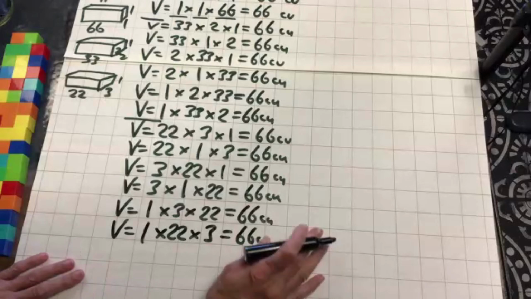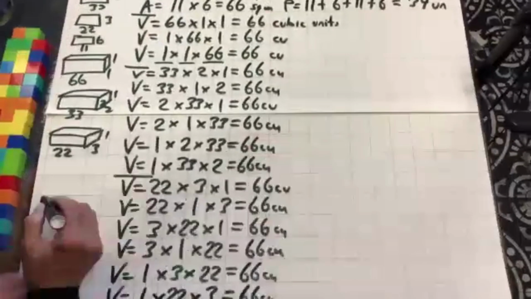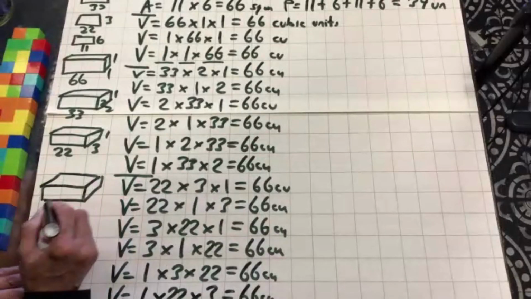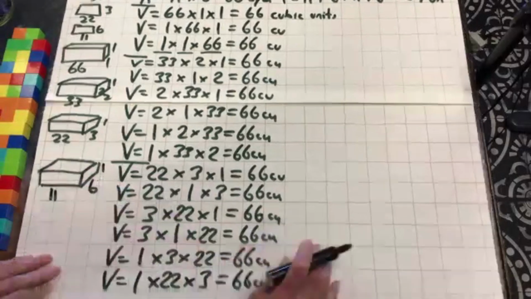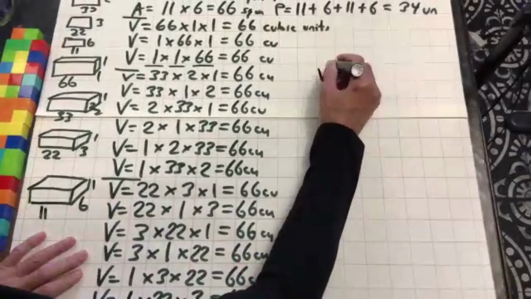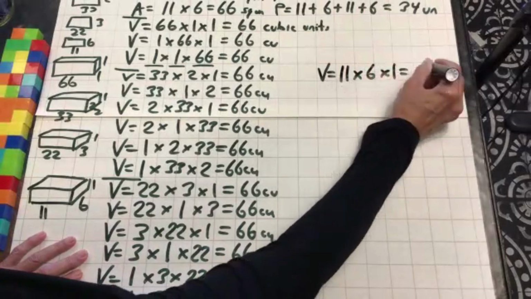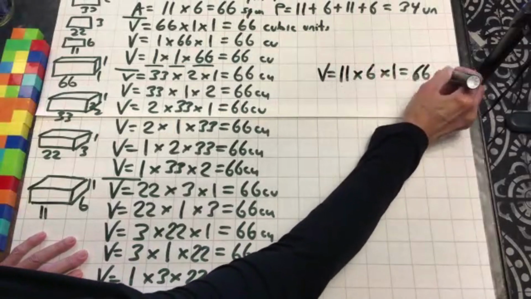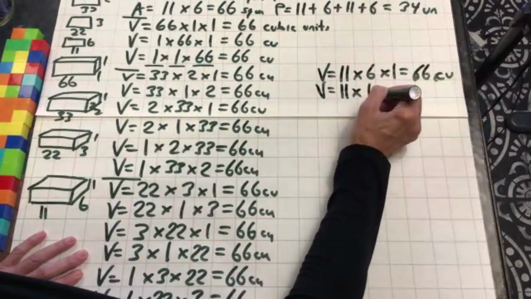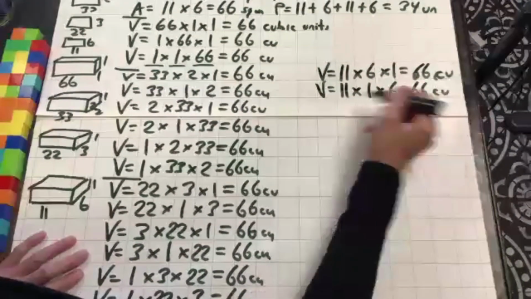Getting good here. All right, so our next one was a 11 by 6 by 1. So that's our first one, 11 by 6 by 1. And I'm going to put it over here to save paper. So we have a 11 by 6 by 1 equals 66 cubic units. We can say 11 wide by 1 deep by 6 tall cubic units.